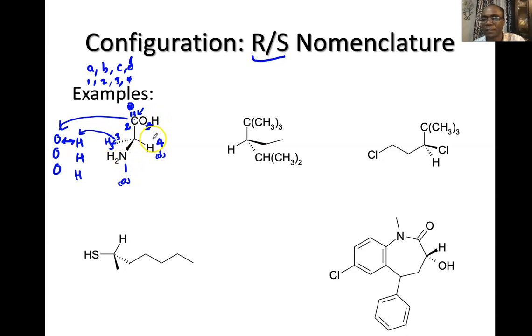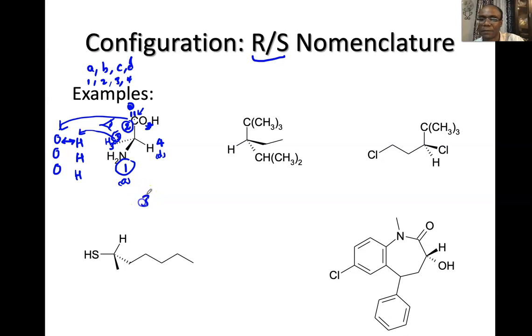Now the rule is the smallest group should be away from you. So if this is here, then your eye should be somewhere here, to make sure that the 4th group is away from you. Now focus on number 1, 2, and 3.